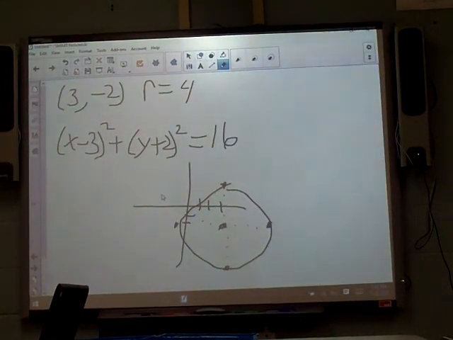Okay, I'm gonna let you try one of those before we look at the hardest part of a circle, and then we'll move on to ellipse. Got what we need on that one? No problemo, sir.